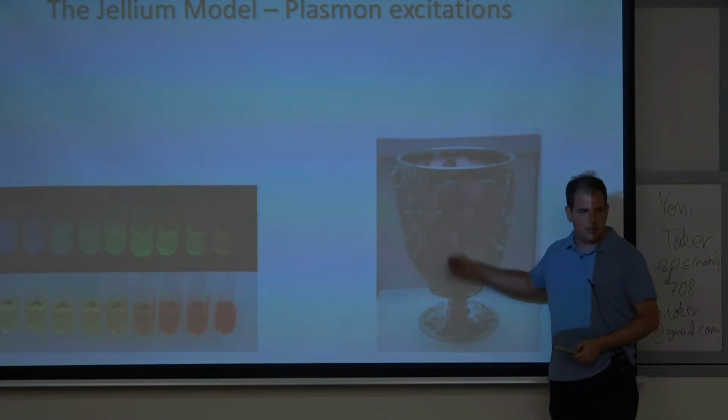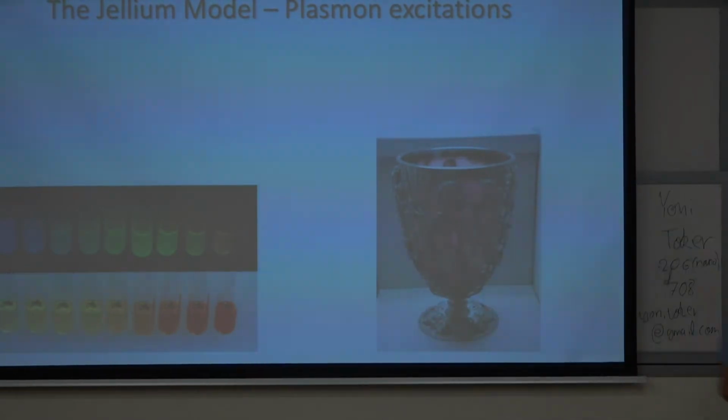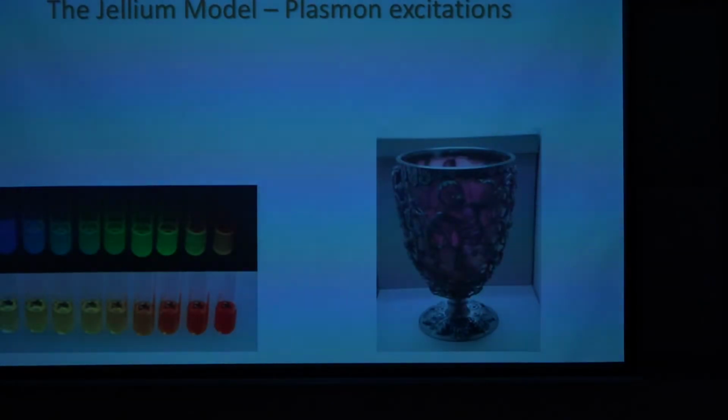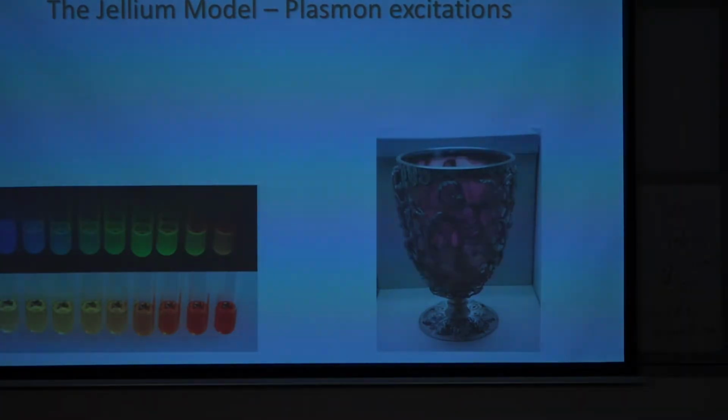This is an example of a Roman cup, called the Lycurgus cup, and it's a glass that has a nice color, and the color of the glass depends on the angle at which you pass the light through it. But the Romans didn't know the origin of this color.